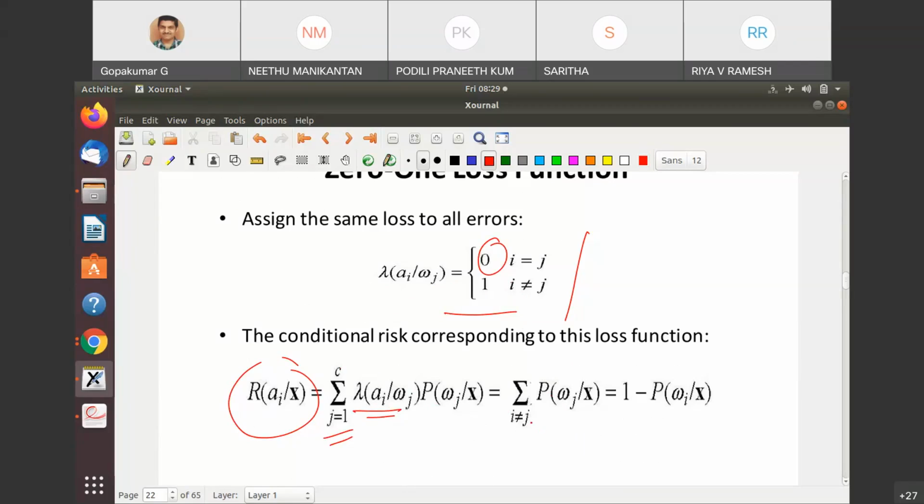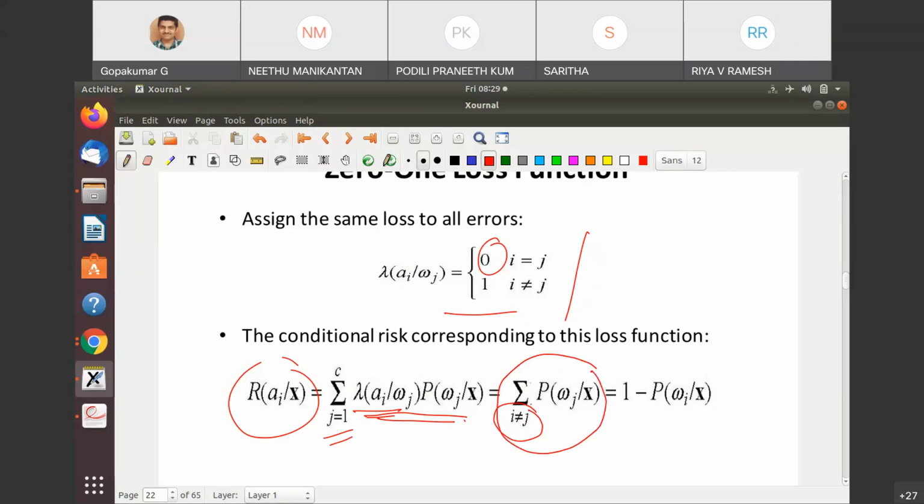So whenever we have i not equal to j only, we have this particular probability times that lambda term. That is how this risk is defined. That's why we have this equation, i not equal to j, with the probability of wj given x.